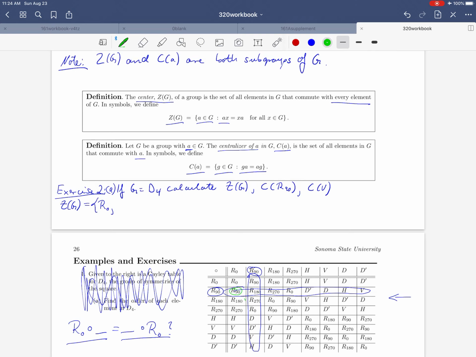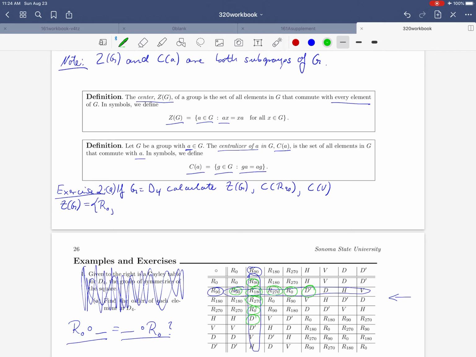So we have R90, R90, okay, we have R180, we have R270, R270, R0, R0, looking good so far. D, D prime, oops, nope. Okay, since D and D prime are not equal to each other, we see that H R90 is not the same as R90 H.